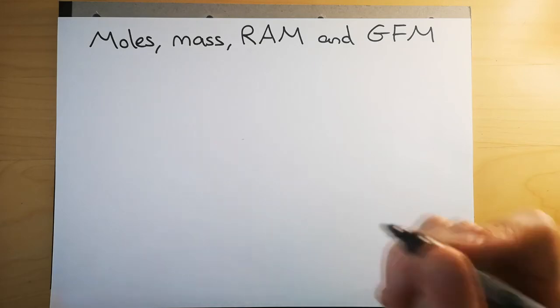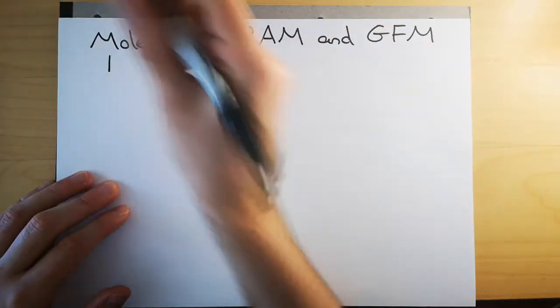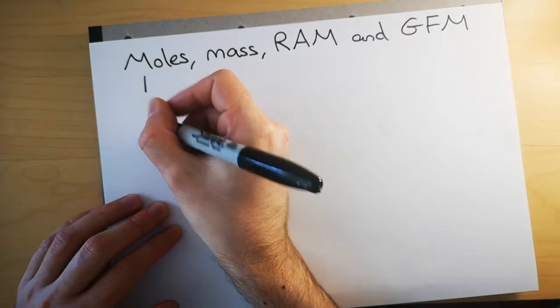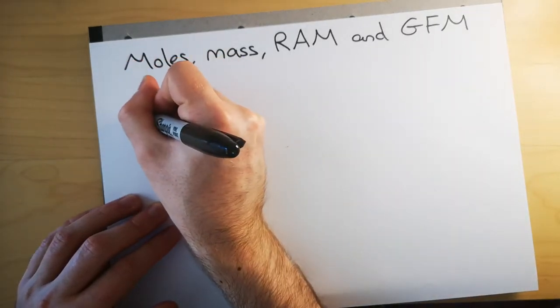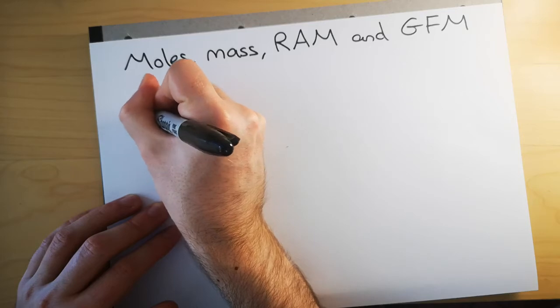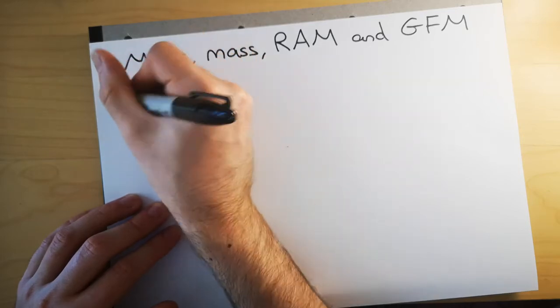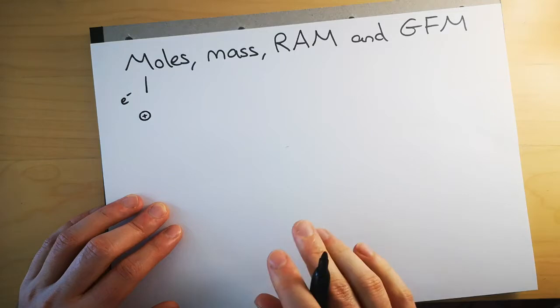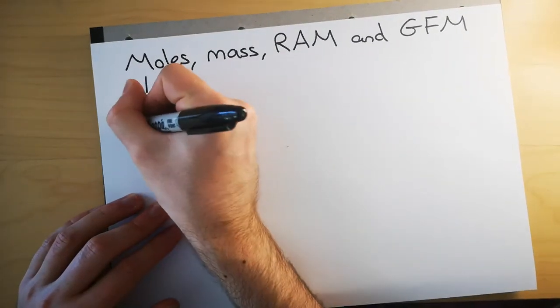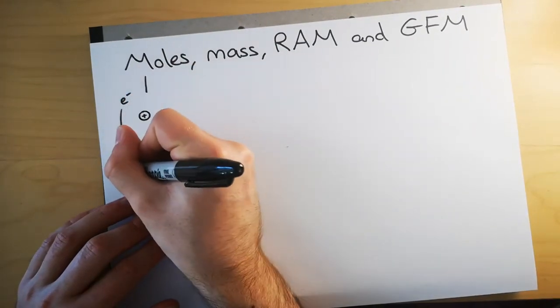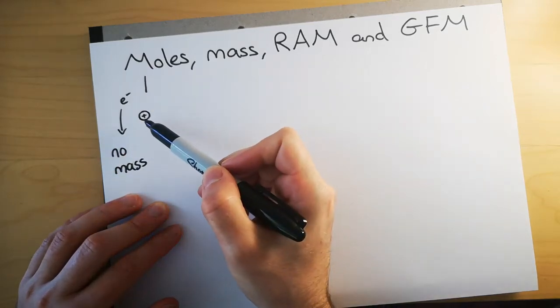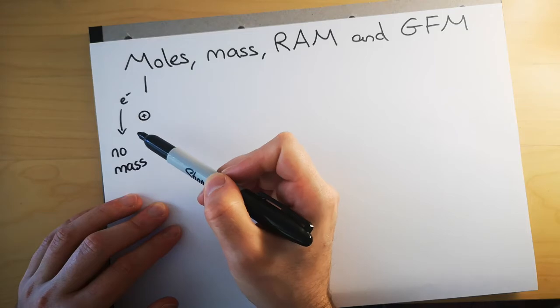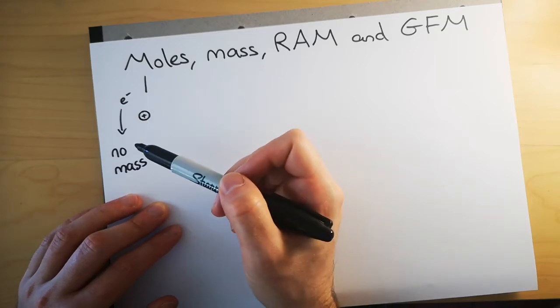Now, what I essentially mean by that is if you take the element hydrogen and you have essentially just got one proton and one electron, that electron has no mass. The mass of a proton is extremely tiny.